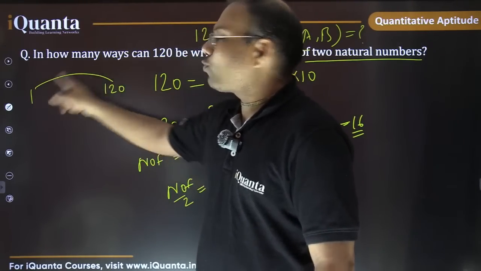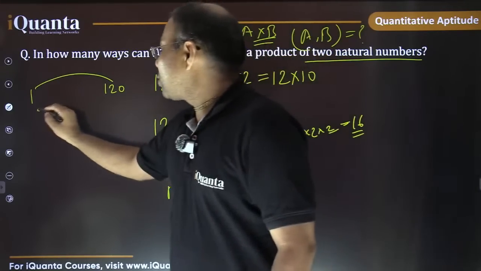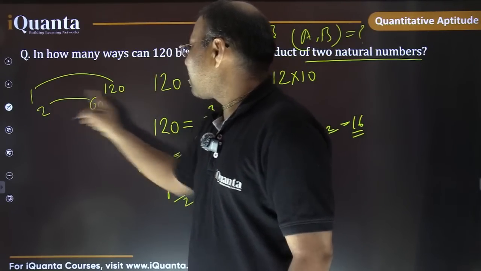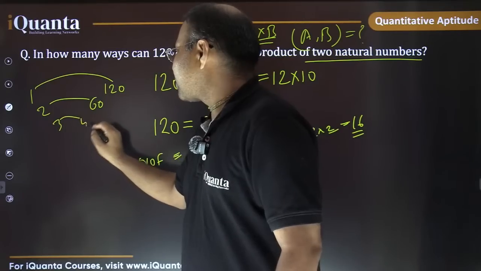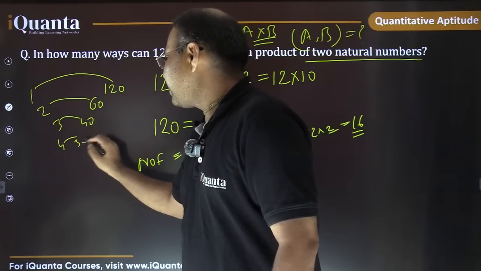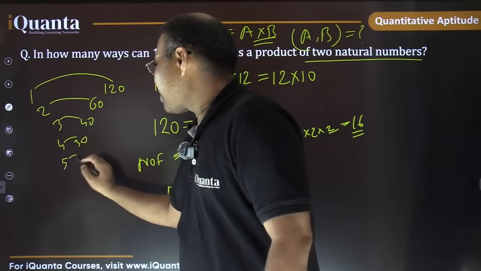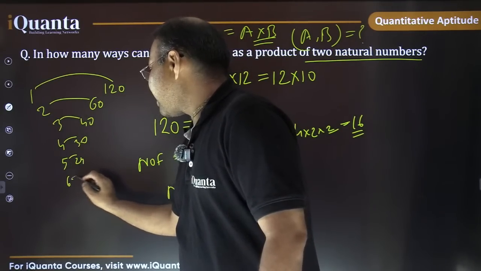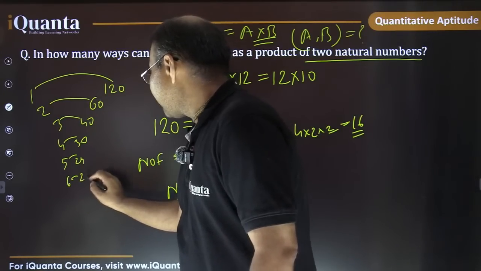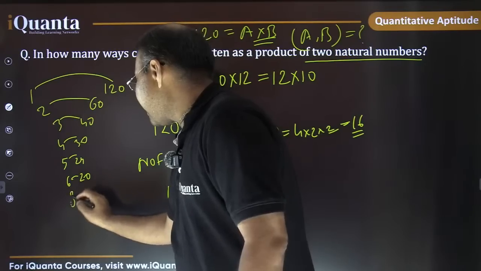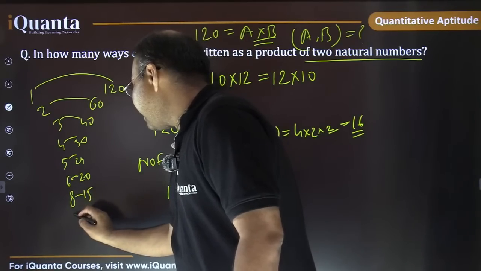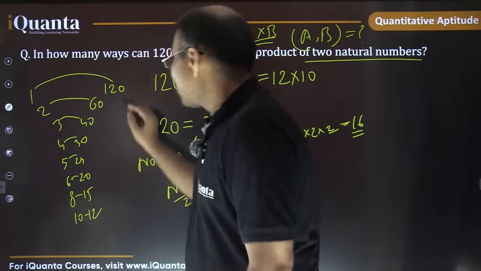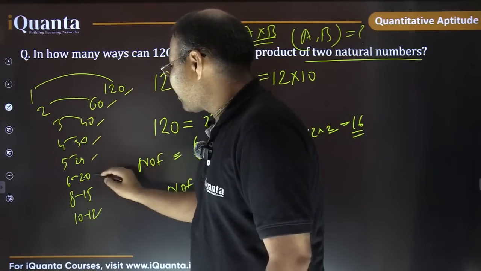Same way 2 and 60 also makes a pair. Same way 3 and 40, 4 and 30, 5 and 24, 6 and 20, 8 and 15, and finally 10 and 12. That's it. So 1, 2, 3, 4, 5, 6, 7, 8.